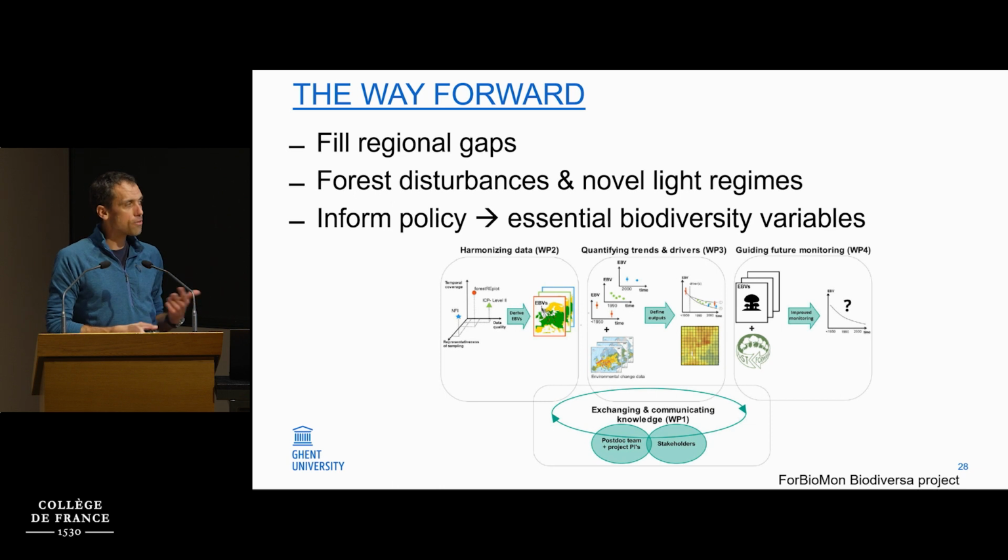And then secondly, there is a Biodiversa project that is starting, that is particularly directed to inform policy and how forest biodiversity in Europe has been changing, where we will calculate essential biodiversity variables to see what the current status of forest biodiversity in Europe is.